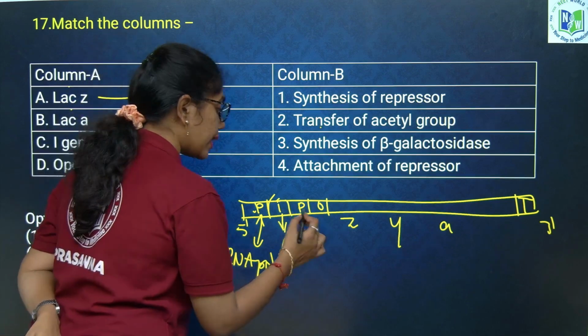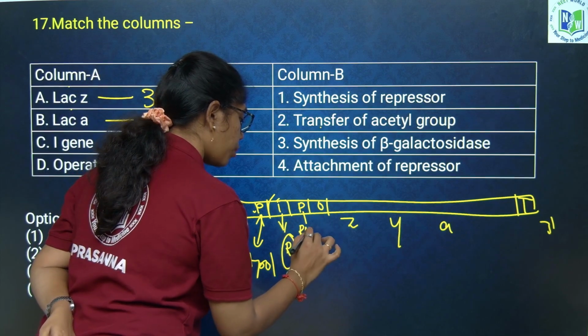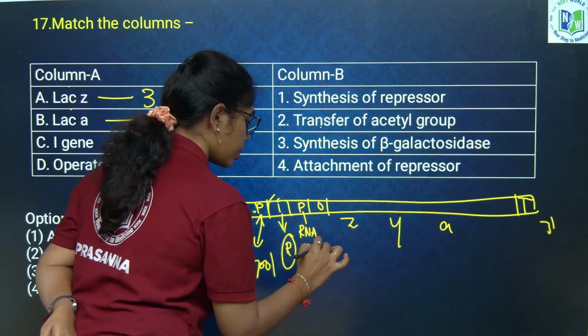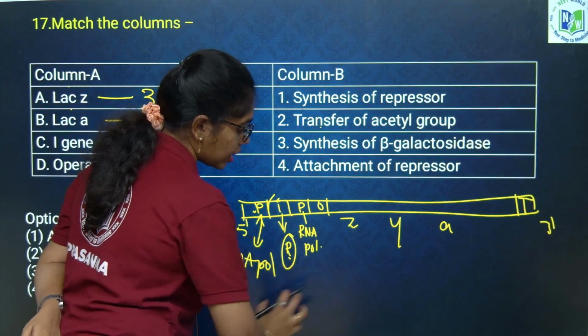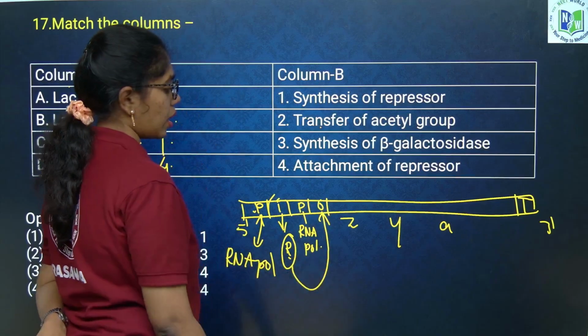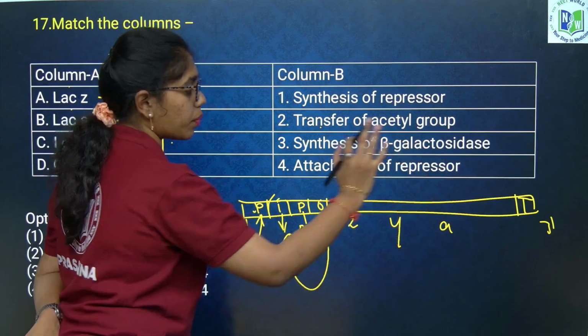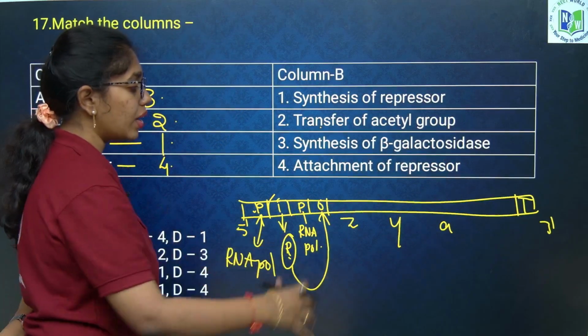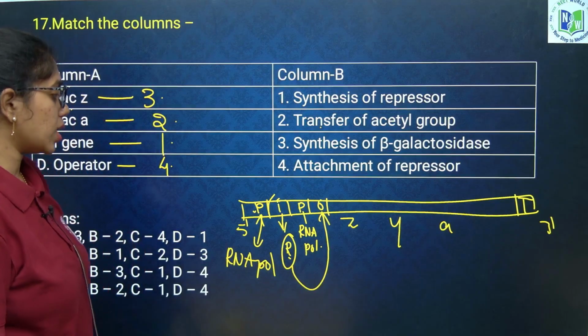If this repressor is free in the cytoplasm, it will bind to the operator region. It will stop the process of transcription, and stop the gene expression.